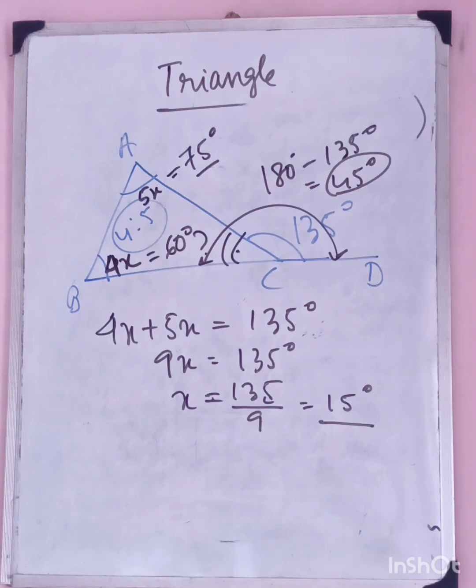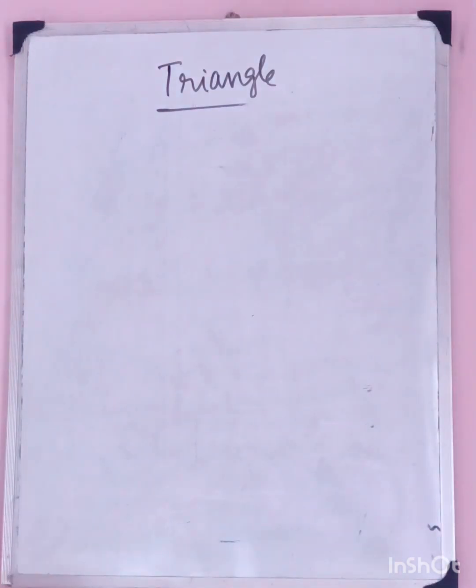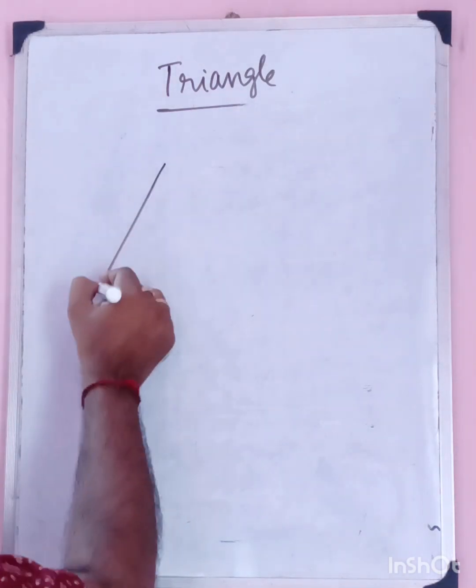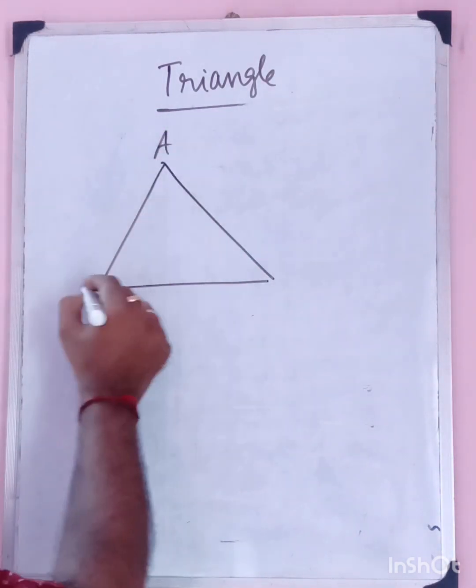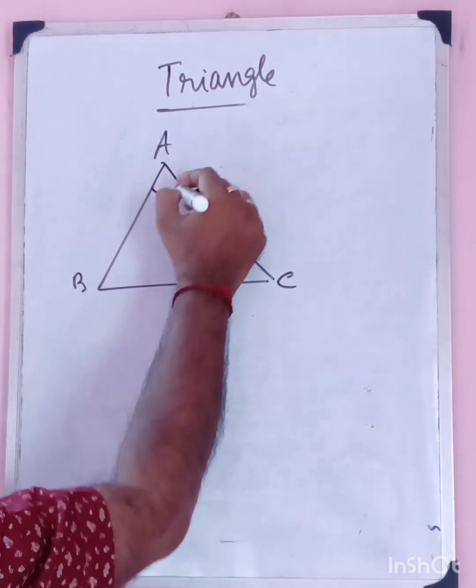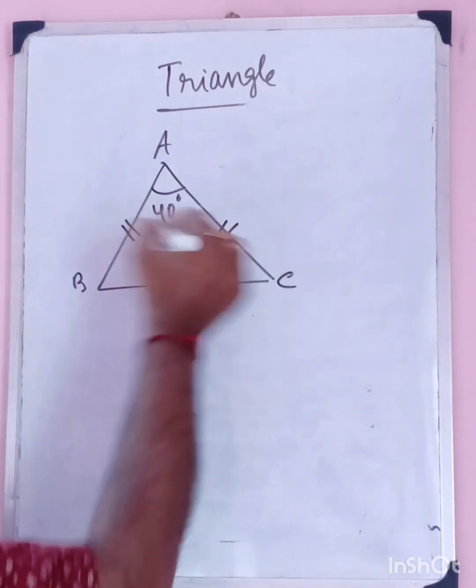Let us give one more example. Suppose in triangle ABC, this angle is 40 degree and AB equals to AC.